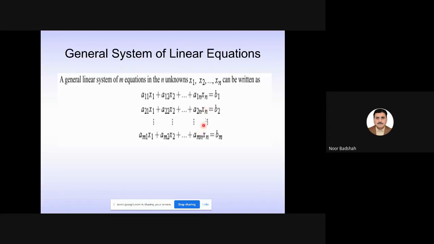Okay. Now, keeping in mind, if you convert this into a matrix form, which is coming a bit later, but I want to explain that here. In matrix form, we write Ax is equal to B, where A represents the coefficient matrix.